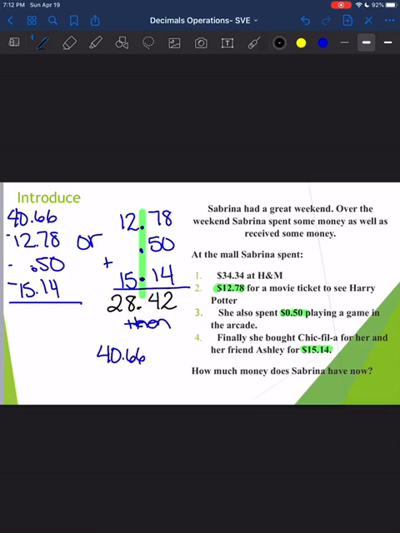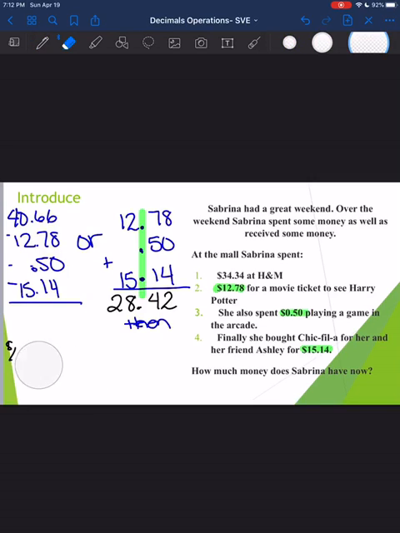However, I'm not done yet. Remember, that's how much Sabrina spent, not how much she has left over, which is what I want to find the answer to. So to finish, I have to say my $40.66 minus my $28.42.